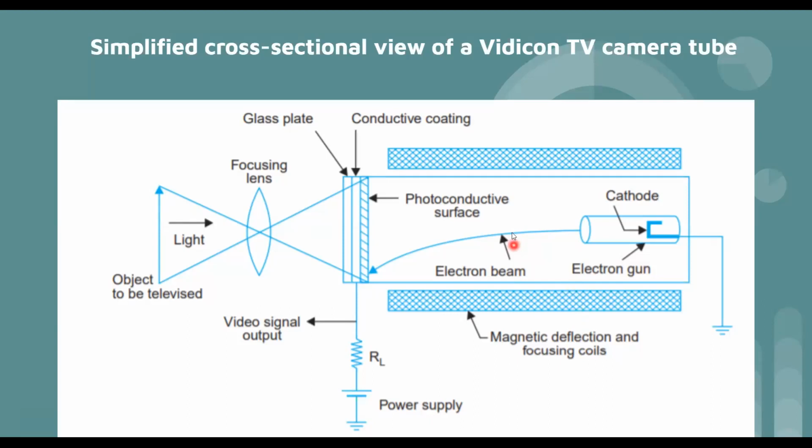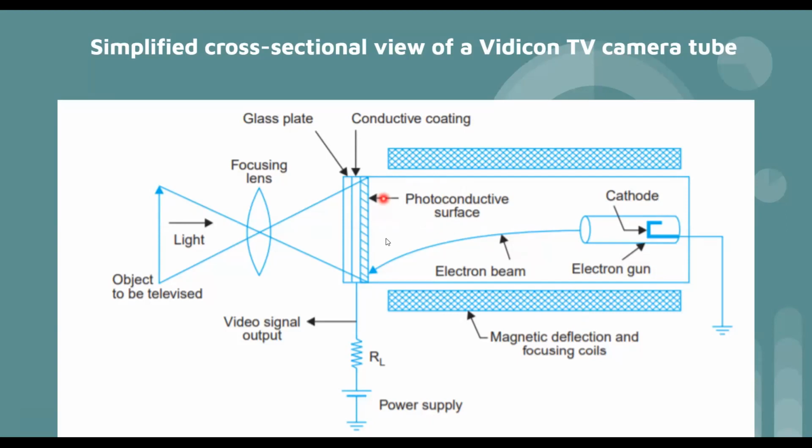As the beam moves from one element to another element, it is also very important to notice how this beam shifting can be done from one point to another point, so that it encounters different resistance across this target plate.